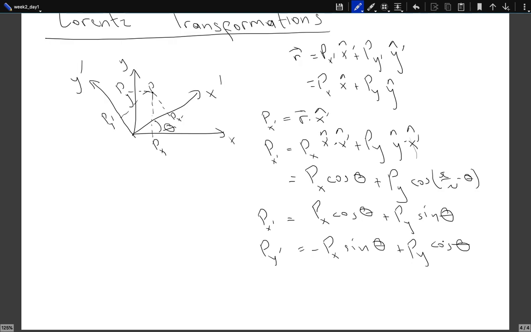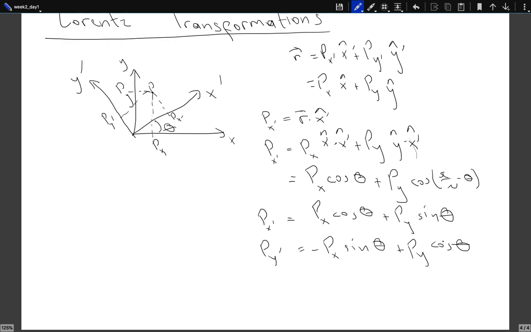So this is, in a sense, my dictionary. If I measure the coordinates Px and Py, and your friend wants to compare it with his results, he just needs to put my Px, Py over here and obtain what he should be measuring in his own coordinate axis. And that's exactly what we will do in special relativity now.